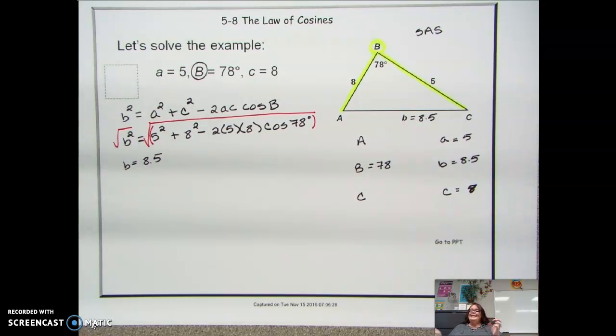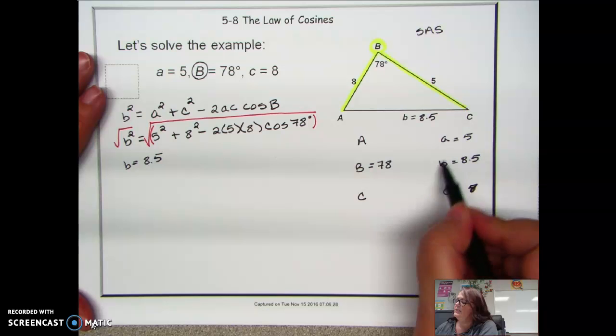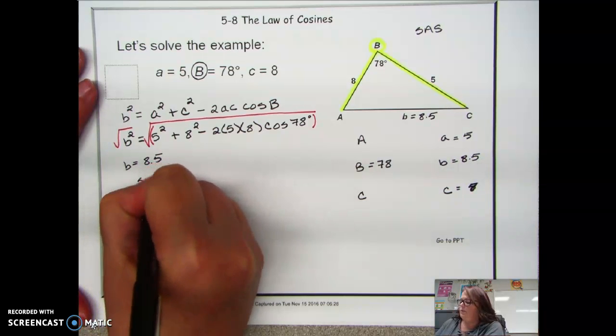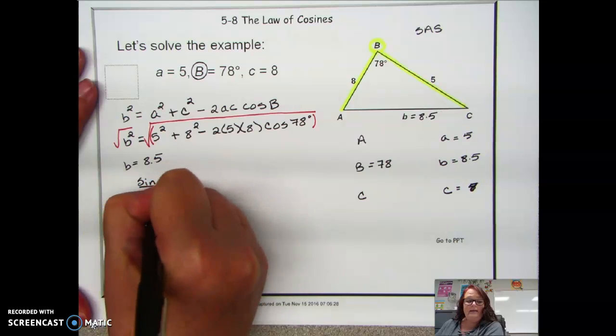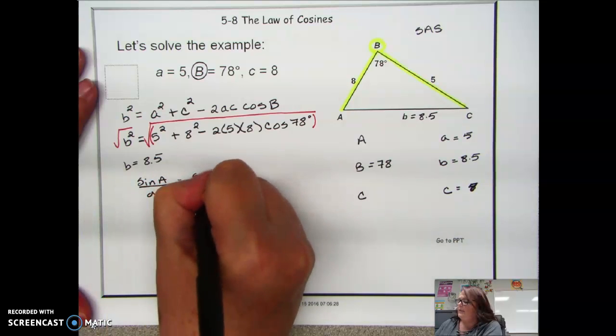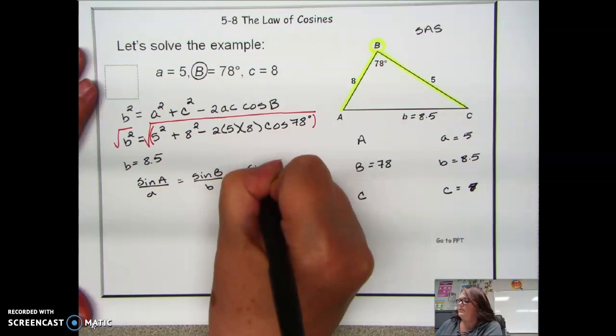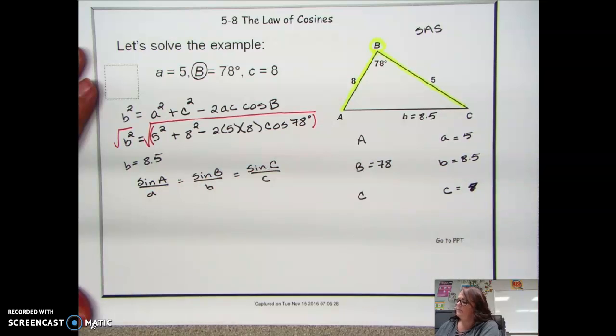Okay, so here's the situation. Normally we don't like to use approximated values to find other values, but in this case there is no getting around it. So we've got to use this little b. And so if we go back to our law of sines, we said that we have the sine of A over little a is equal to the sine of B over little b is equal to the sine of C over little c.